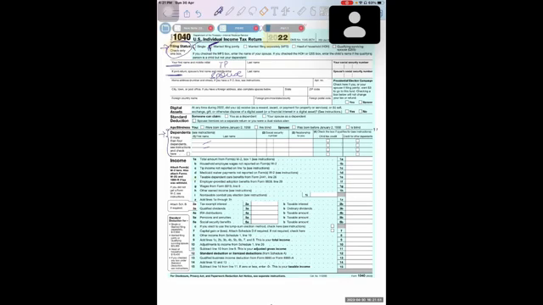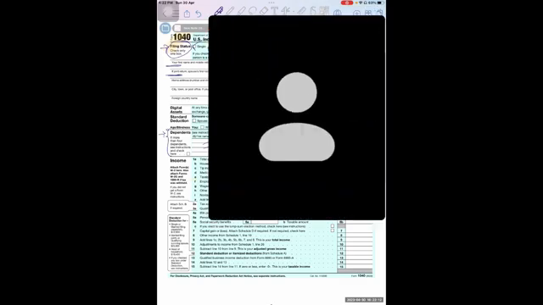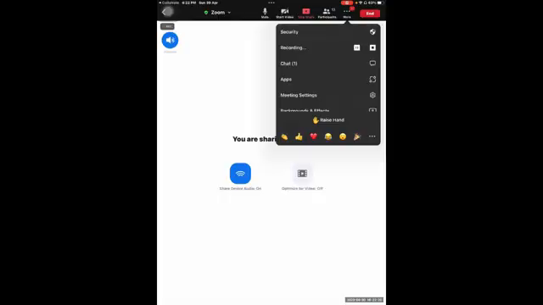Now, if you are a qualifying child, you will receive a child tax credit. But if you are a qualifying relative, then you can't take a child tax credit, but your credit for other dependents will be checkboxed. So let's understand what is qualifying child and what is qualifying relative.